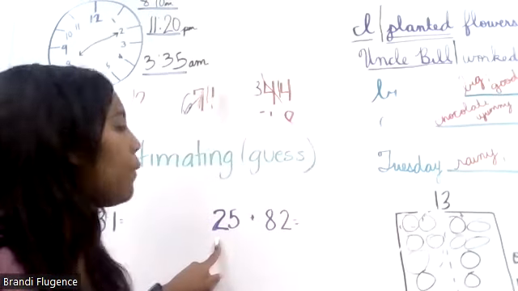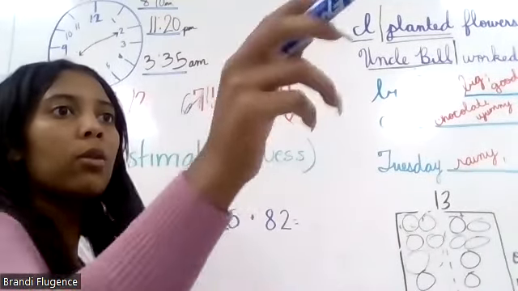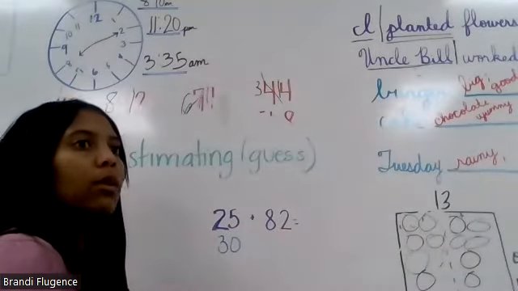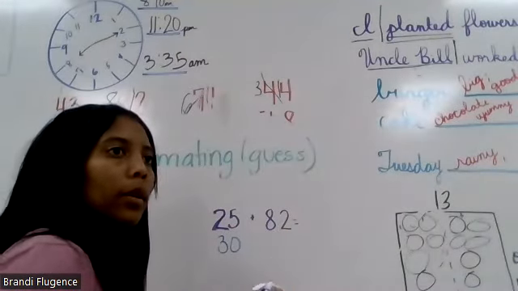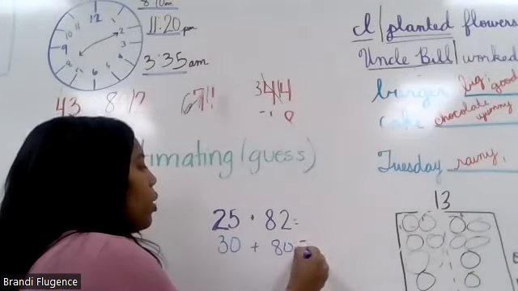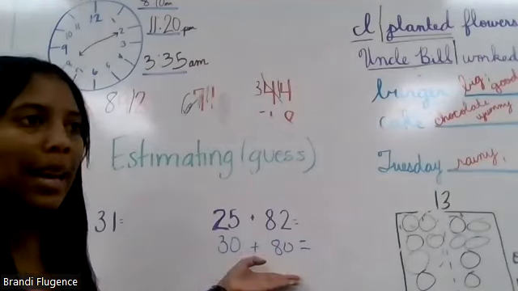When we round 25, it rounds to what number? 30. And when we round 82, it rounds to 80. So the estimate is 30 plus 80.